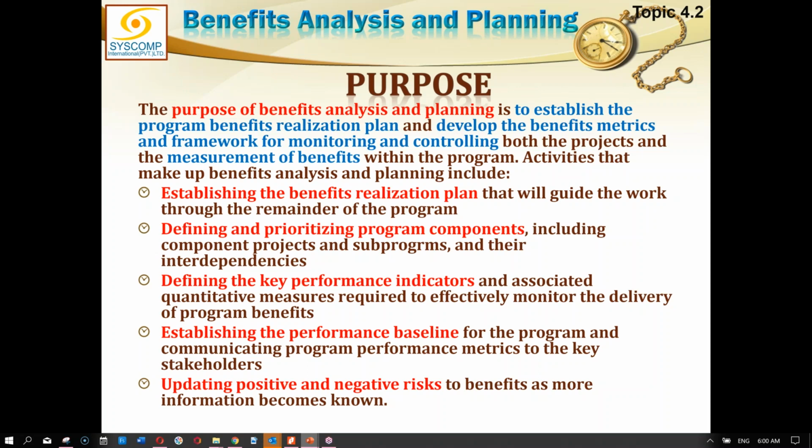So this performance baseline is basically to convey to the key stakeholders through proper communication the progress of the program. Then updating positive and negative risks, and the risks we are talking about here are the risks to the benefits. For each benefit you must identify the various positive and negative risks.